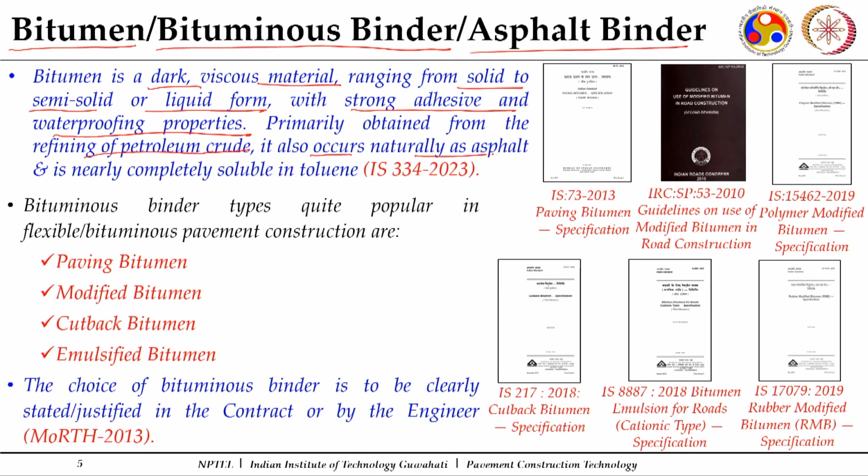In addition to this, it also occurs naturally; there are certain lakes where natural asphalt occurs. But once the refining of petroleum crude came into picture, the quantity and quality of the bitumen derived from it was very good, and therefore, it became more popular compared to natural asphalt.